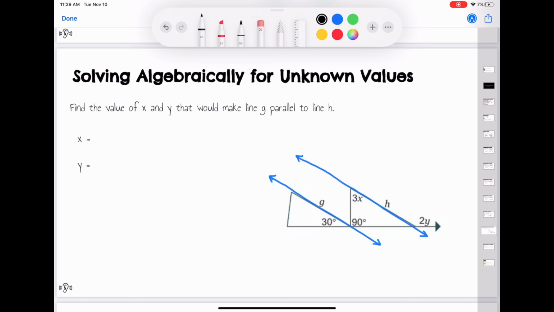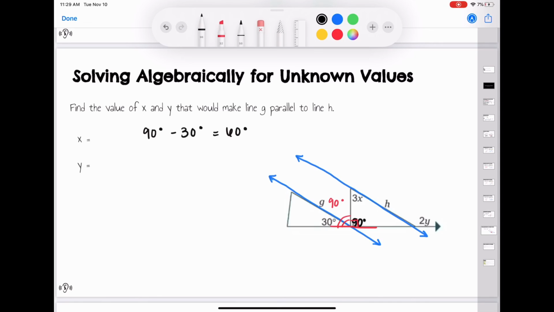Well, we know that we have 90 degrees here. And because this angle and that 90-degree angle share that line, we know that the measure of this entire angle must equal 90 degrees. Well, in order to solve for that, what we need to do is take 90 degrees minus 30, which gives us 60 degrees.